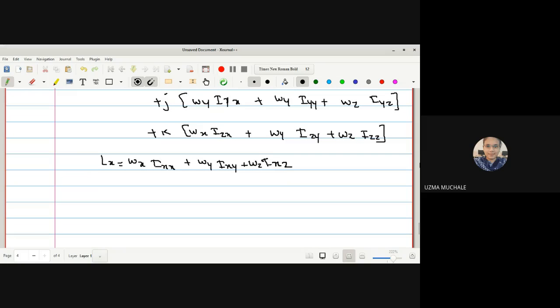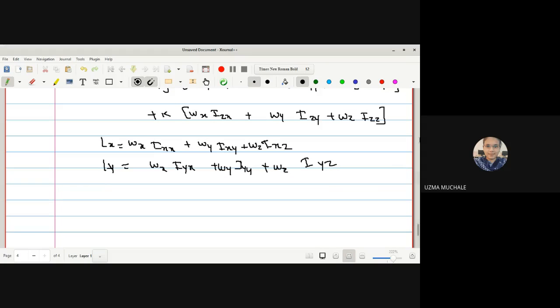Similarly, we can write Ly is equal to Wx Iyx plus Wy Iyy plus Wz Iyz. This is what comparing the coefficients of ijk we are writing: Lx, Ly, Lz.